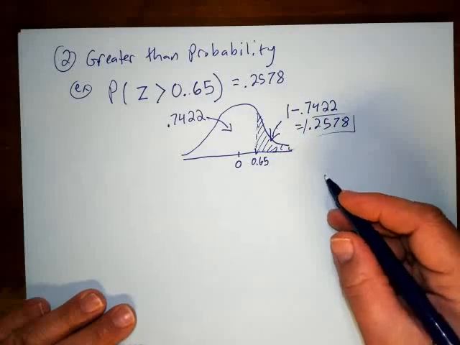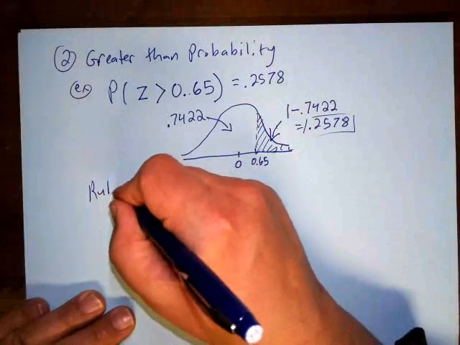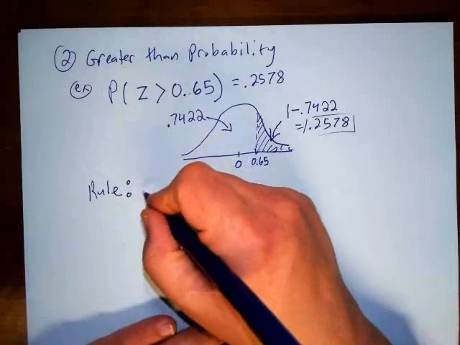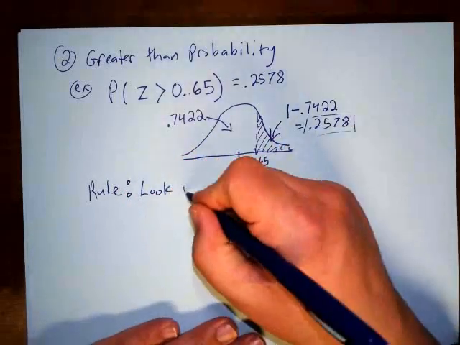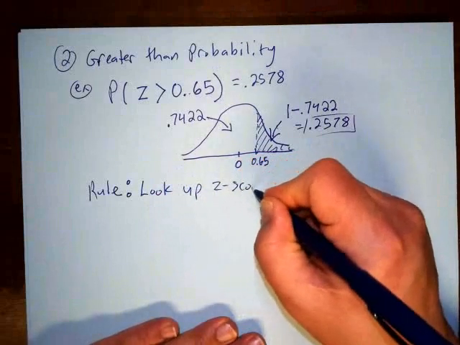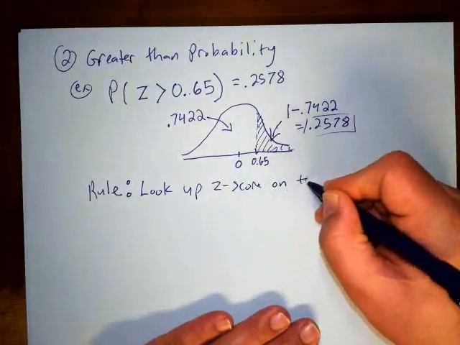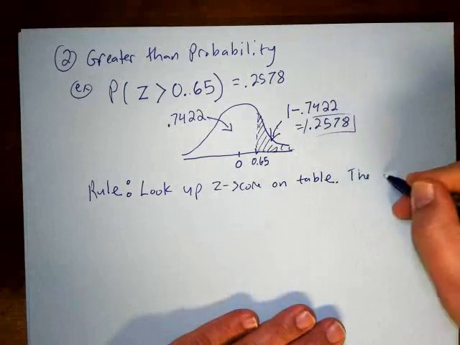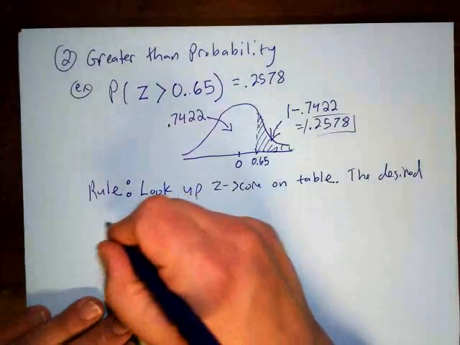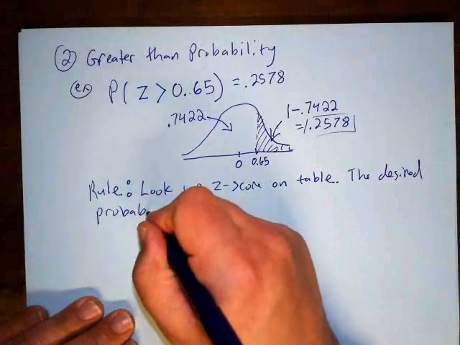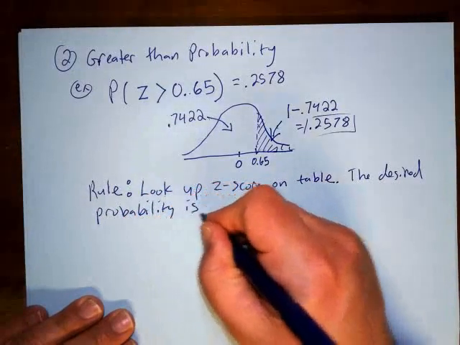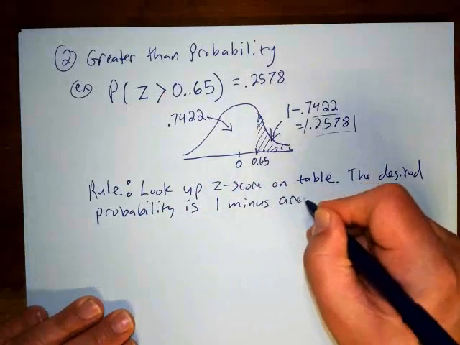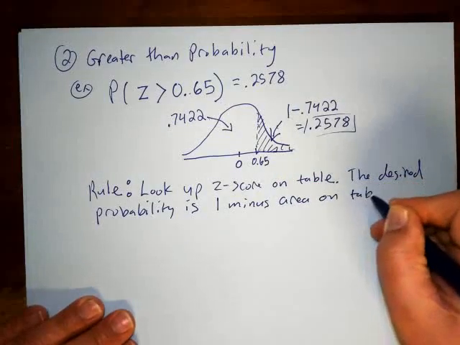So if I were to write a rule for this one, it would probably be something like this: look up the z-score on the table, and then the desired probability is 1 minus the area on the table.